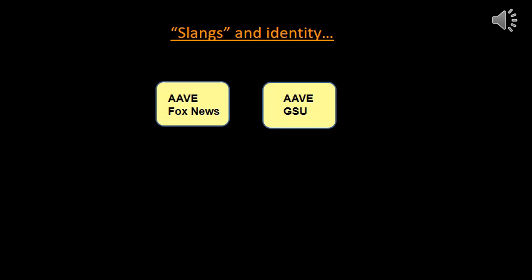On the other side, the Georgia State University people have a very different point of view here. And this point of view is shared by most anthropologists. They say that AAVE is something that they should be proud of. And something very important, they say it defines their identity. Language is one of the most powerful ways to define someone's identity, to show who you are.